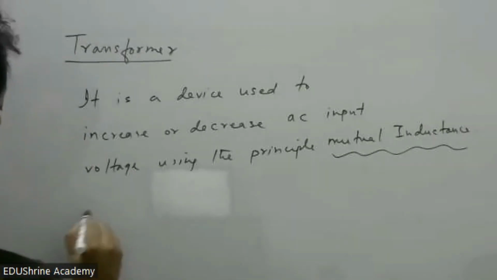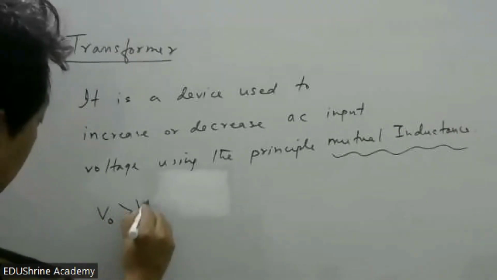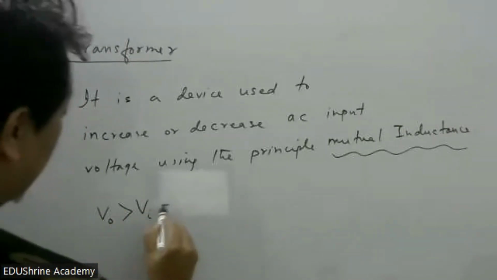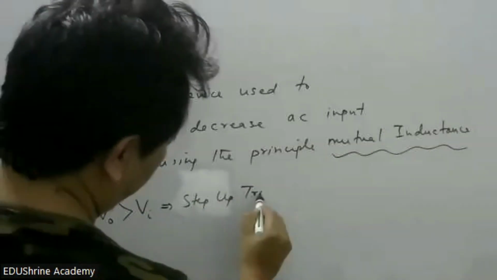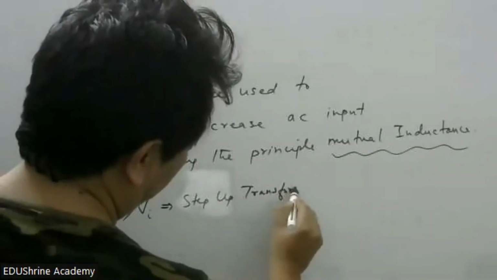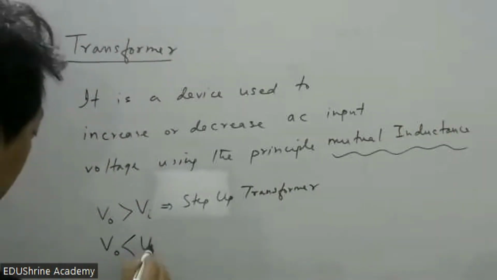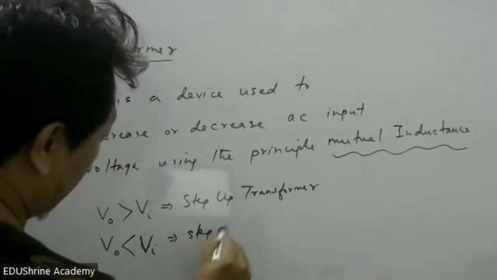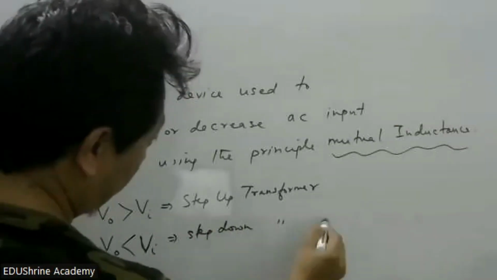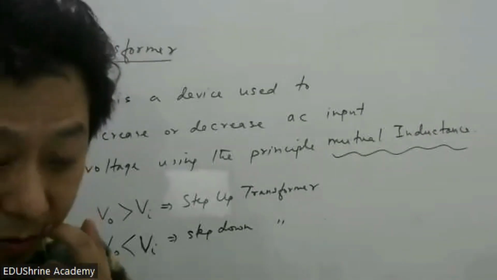So if it increases the voltage, if output voltage VO is greater than input voltage VI, then we call it a step up transformer. And if your output voltage is less than input voltage, we call it a step down transformer.